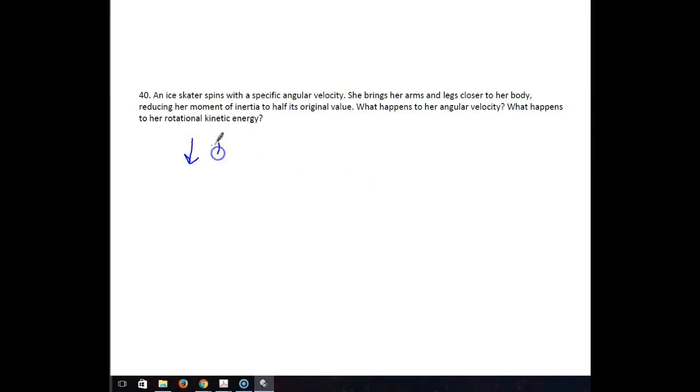So her moment of inertia decreases. Since there's no external net torque, her spin angular momentum remains constant. So her original angular momentum is equal to her final angular momentum. But her rotational kinetic energy, on the other hand, because the I gets smaller, remember rotational is 1/2 I omega squared.